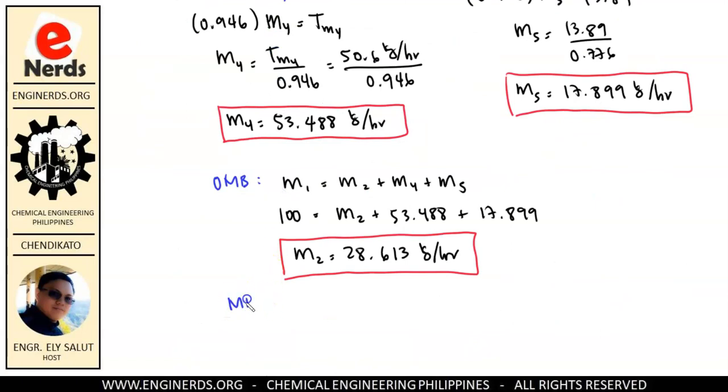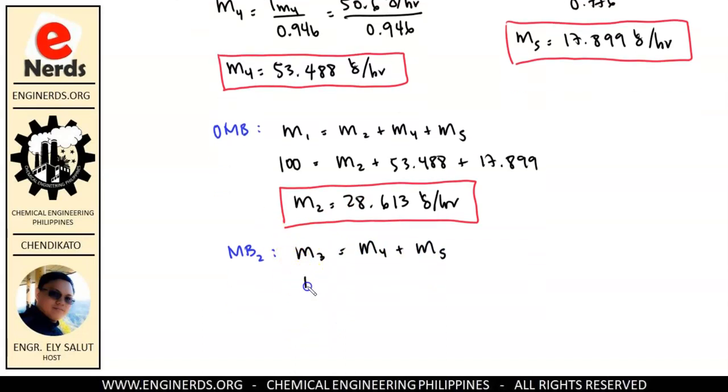So material balance in the second unit, this is equal to M3 is equal to M4 plus M5. So our M3 is equal to M4, which is 53.488 plus M5, which is 17.899.